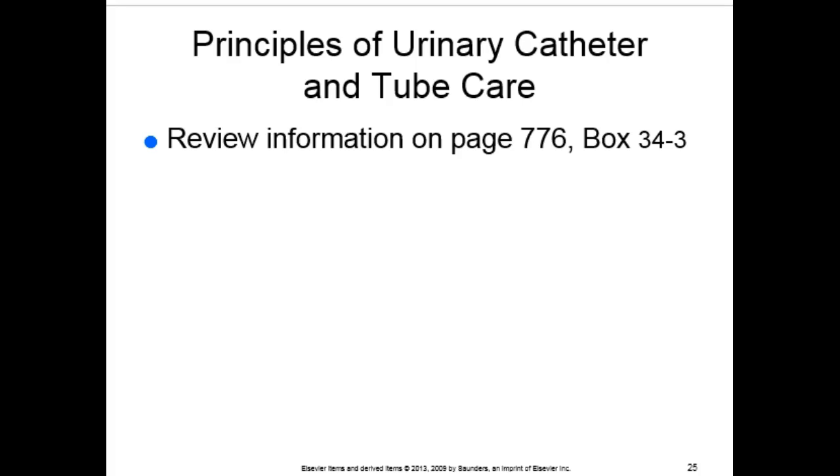At this time, I'd like to direct you to page 779 of your textbook, box 33-3, where it lists the principles of urinary catheter and tube care. You can put this lecture on hold while you review that information.